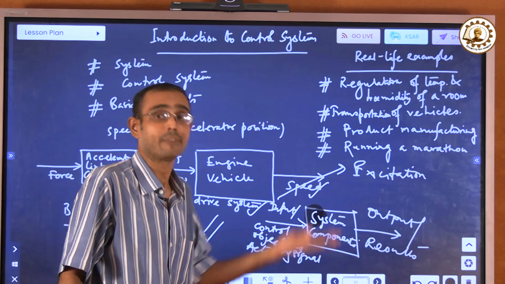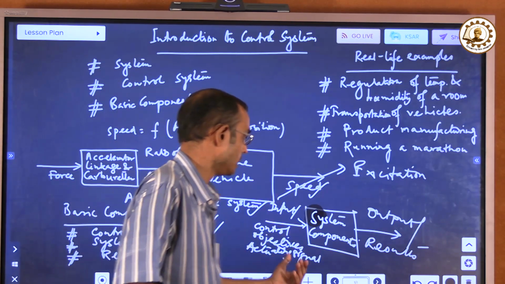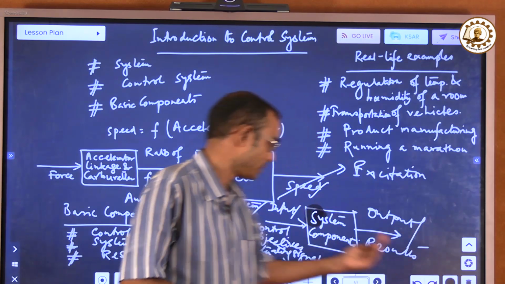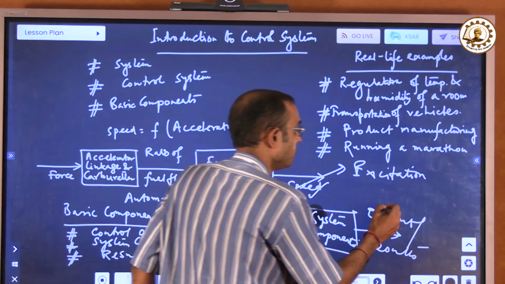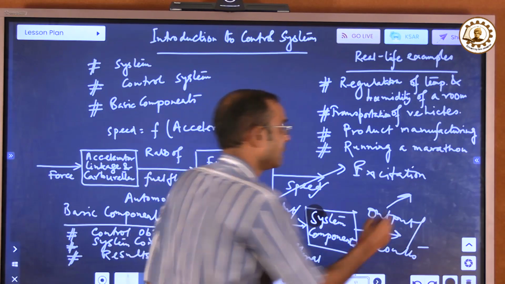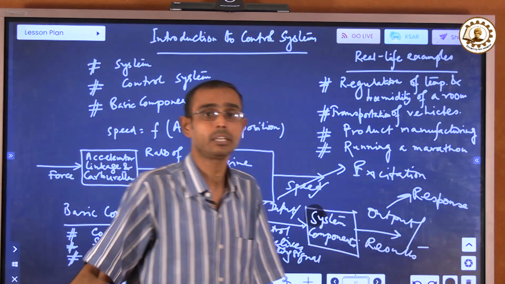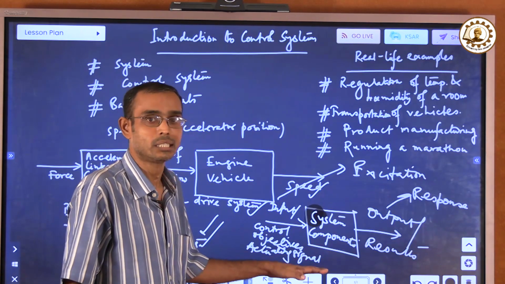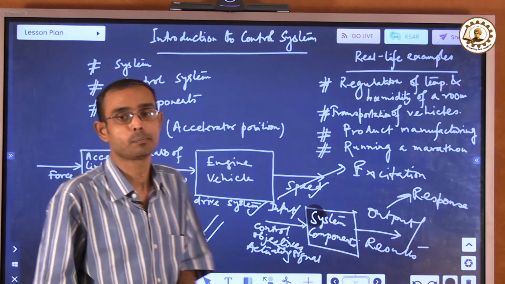The system has components interconnected with each other, and on getting that input it generates the output, which we sometimes call the response. These are better generic terms for system inputs and outputs: excitation and response respectively.